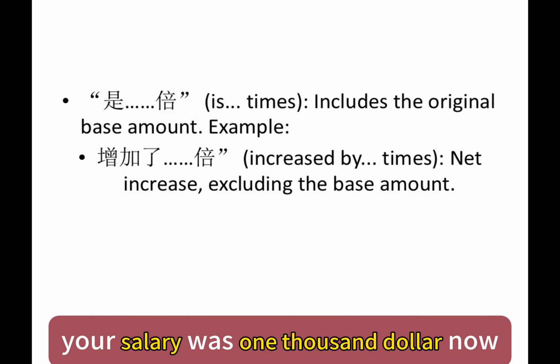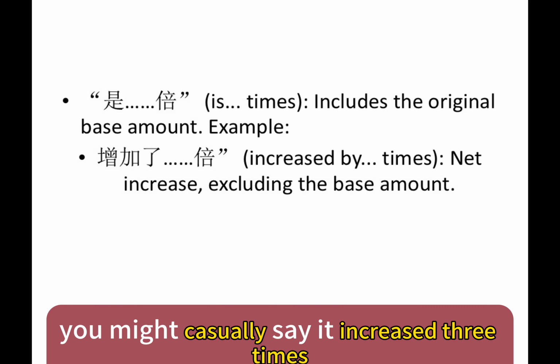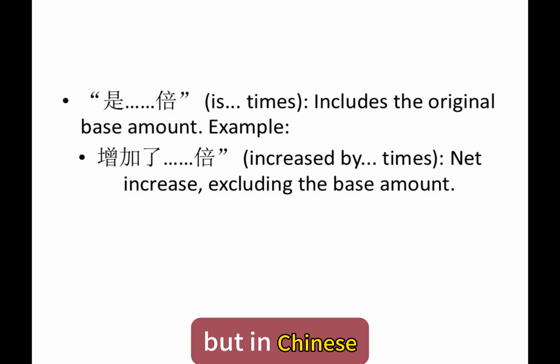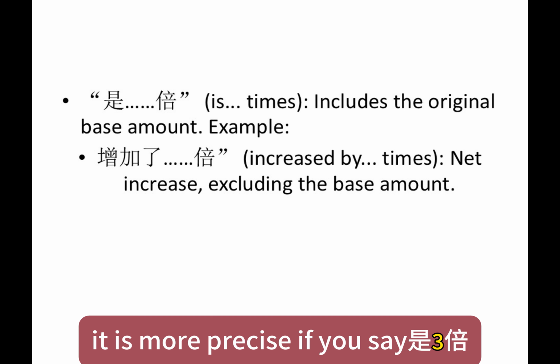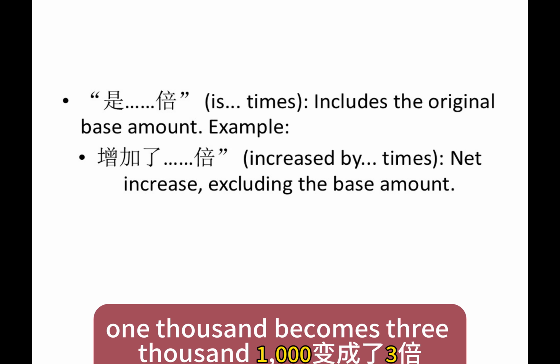Suppose your salary was $1,000. Now it's $3,000. In English, you might casually say it increased 3 times. But in Chinese, it is more precise. If you say 是3倍, it means your final amount is 3 times the original. 1,000 becomes 3,000. 1000变成了3倍.